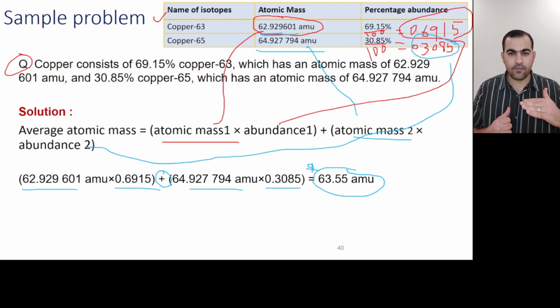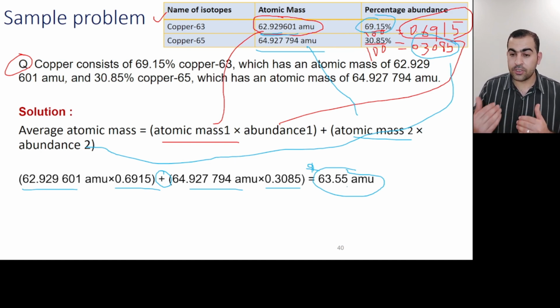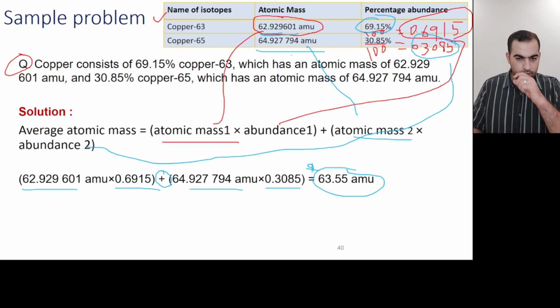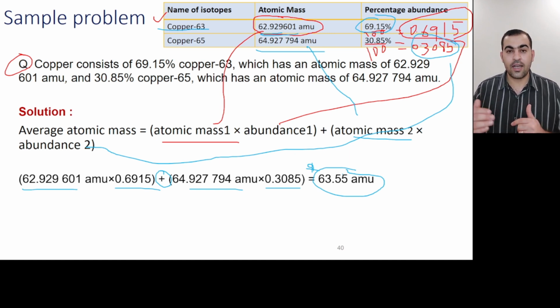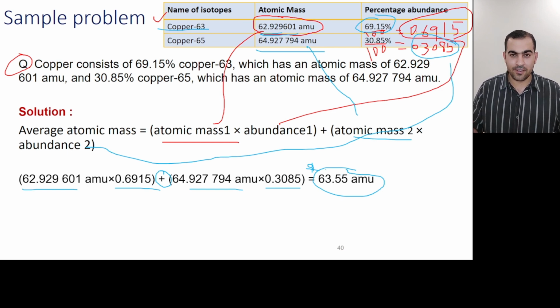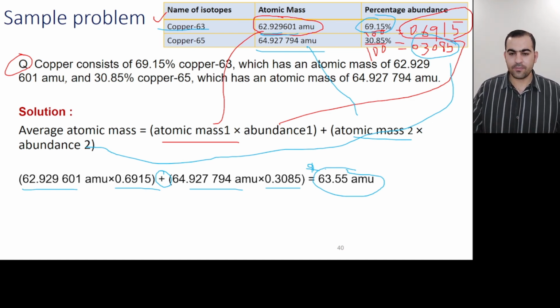The average must be between the atomic masses of the isotopes, and it must be close to the one that has high abundance. 63.55 is closer to the atomic mass of copper 63, because it has high abundance. In the exam, if you get 65, this is wrong. The average must be between the atomic masses of the isotopes.